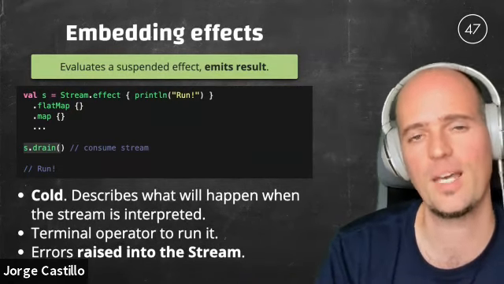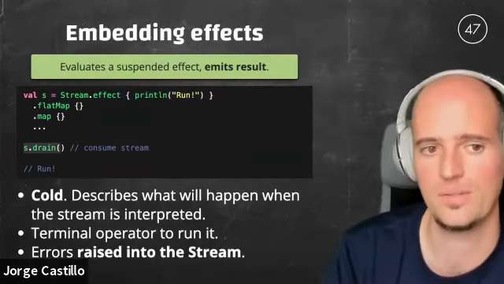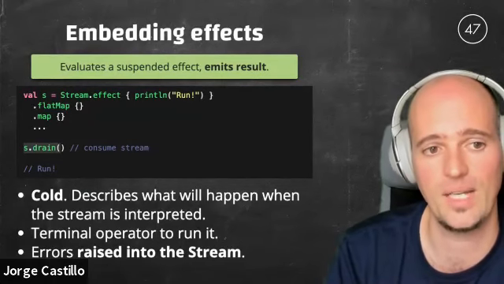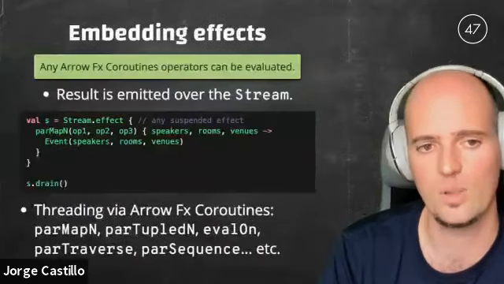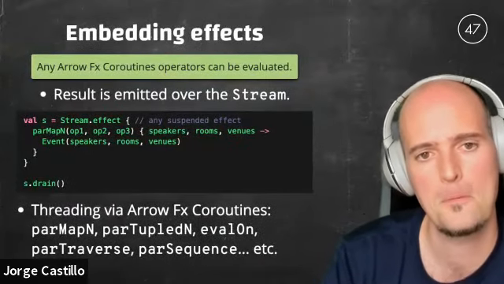Any errors, if you have any failure, any exception thrown in those effects, will get automatically raised as a failure into the stream, so you have the chance to recover using some operators available for that, like handleErrorWith.